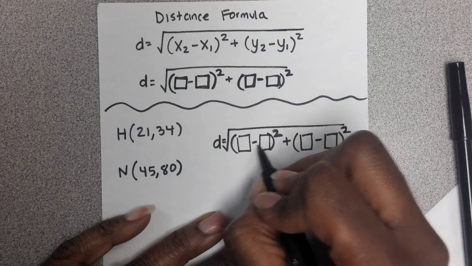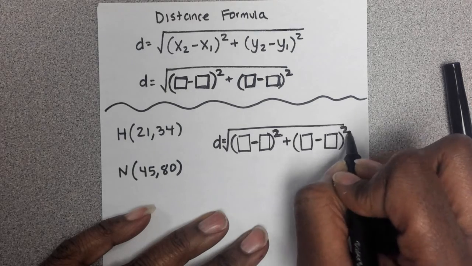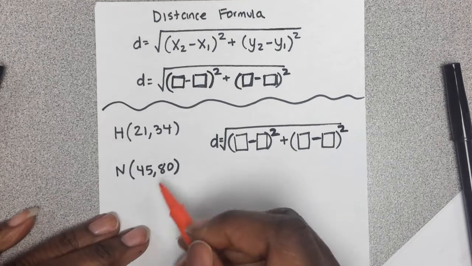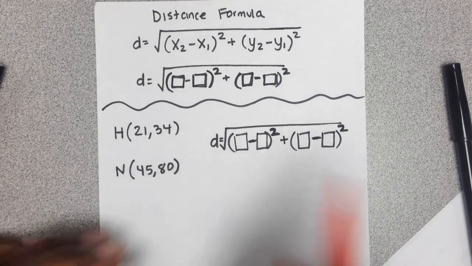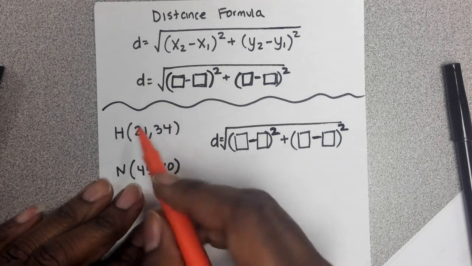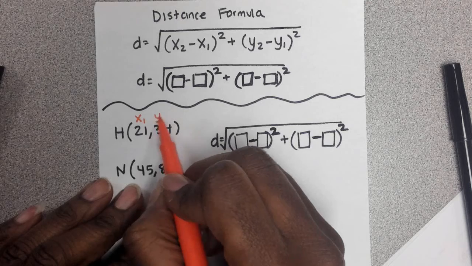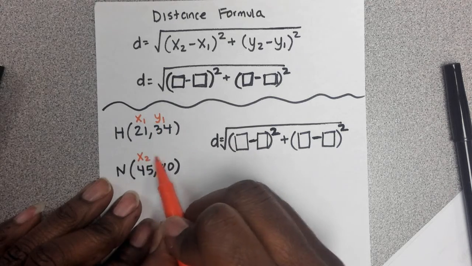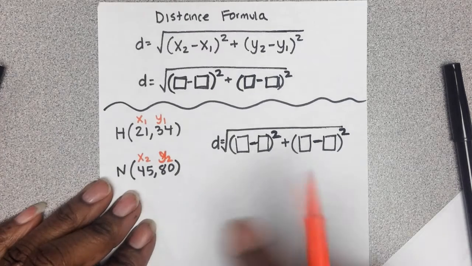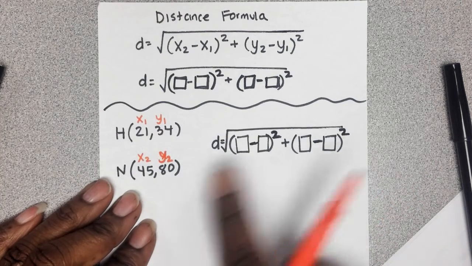I notice that's a mistake many students make, is the power of 2, and then the subtraction sign in between. You also want to label your points. This is the first point, so that's x1, y1. This is the second point, so that's x2, y2. So then you can just plug in everything where it belongs.